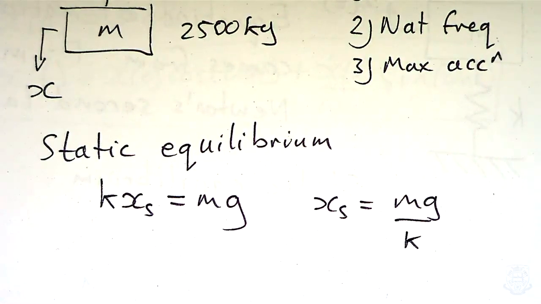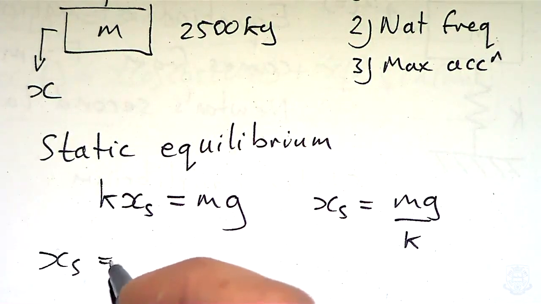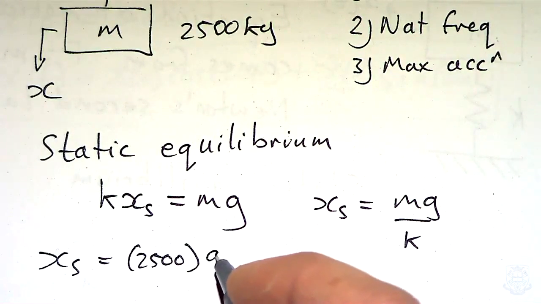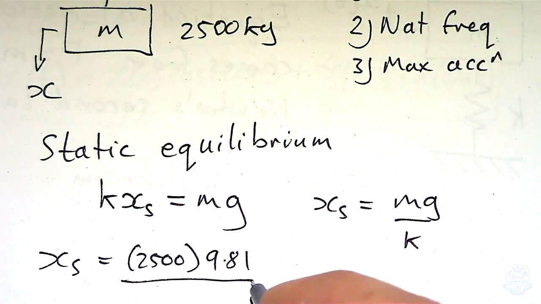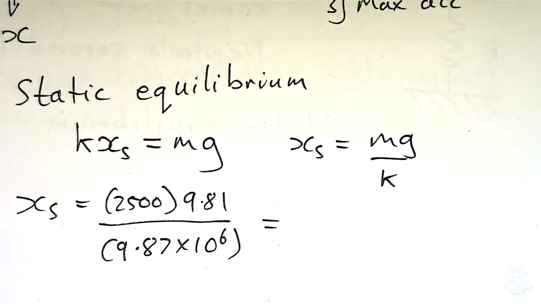Now we just plug in some numbers: xs is equal to 2,500 times 9.81 divided by 9.87 times 10 to the 6. Who's got a calculator?